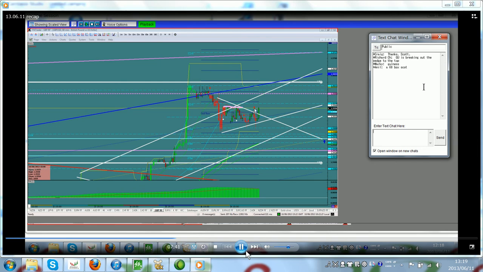And it's a 60 box. Exactly right. See, nice job, Anil. So we've got a box on the 60-minute chart. This is all it could be. Maybe it isn't a wedge.